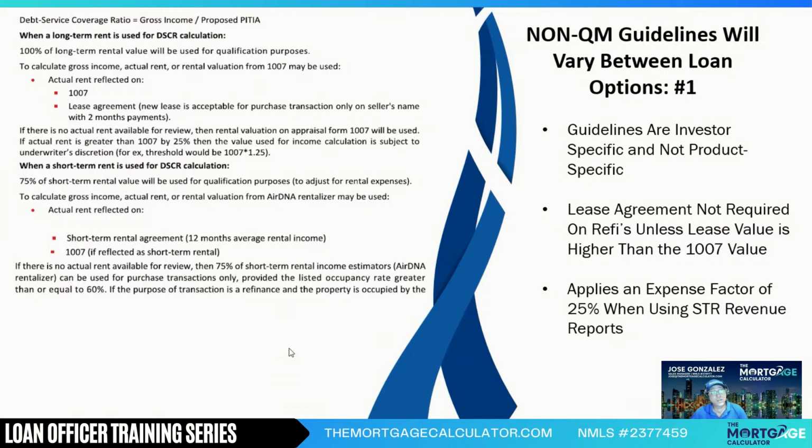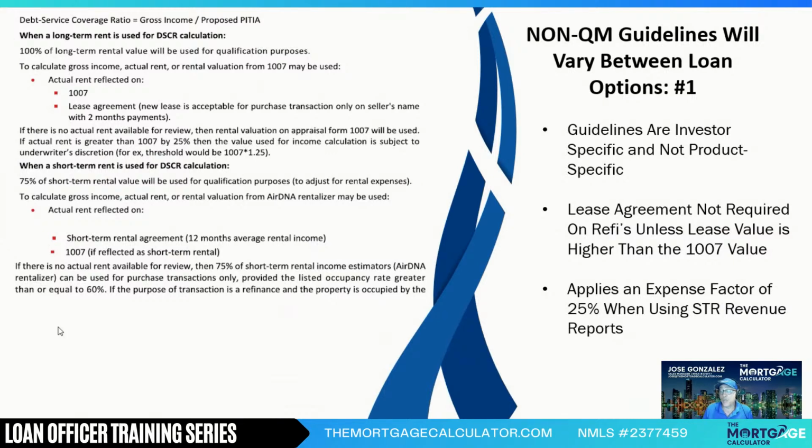And one of the things to note when it's long-term rent is that they're only going to go with the actual rent reflected on either the lease agreement or the 1007. So if you have a 1007, which is a market rent study, that's all that they need.